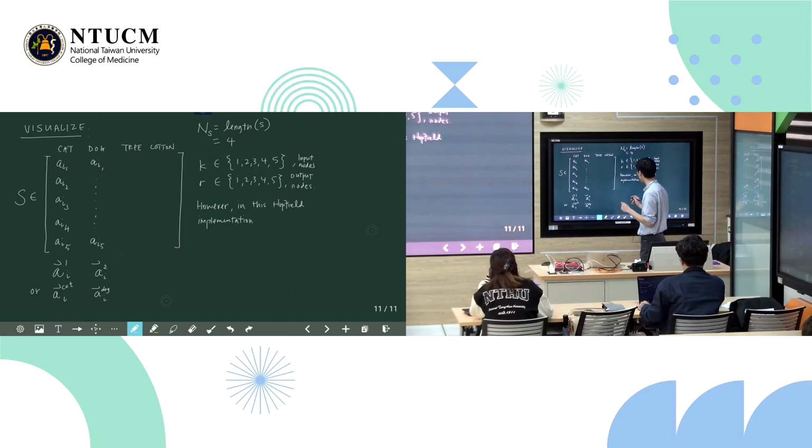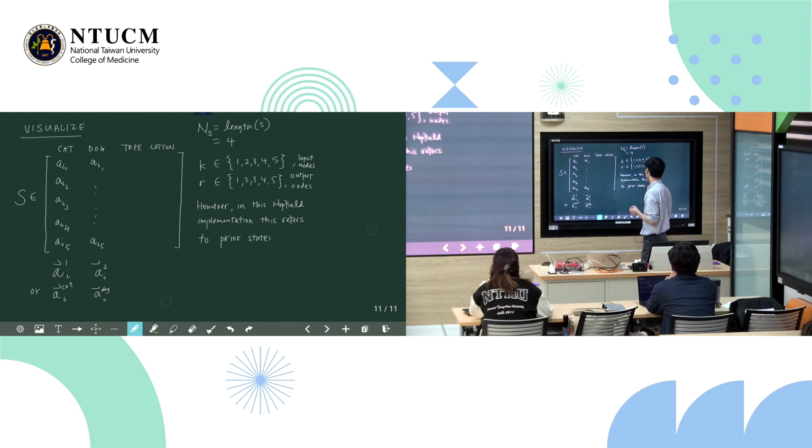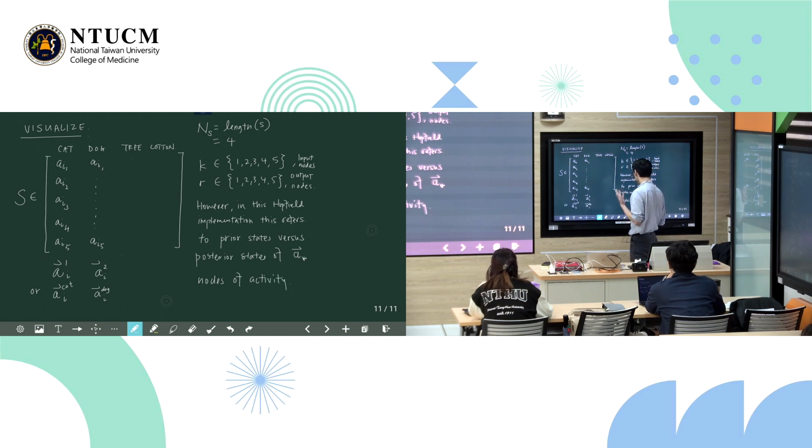However, here, and you will see this in a minute, in the Hopfield implementation, input and output refer to prior and posterior of A star, which are nodes of activity, or activity of nodes, rather, node activity. A star node activity, yes, okay.